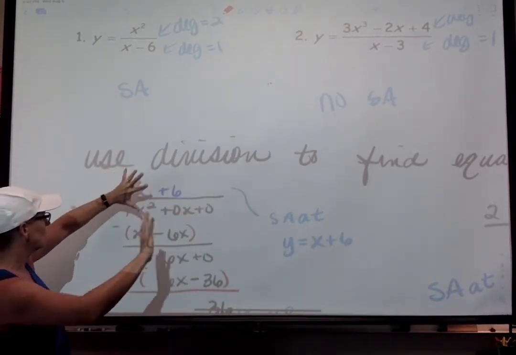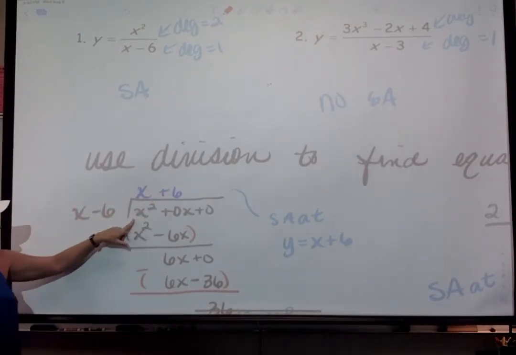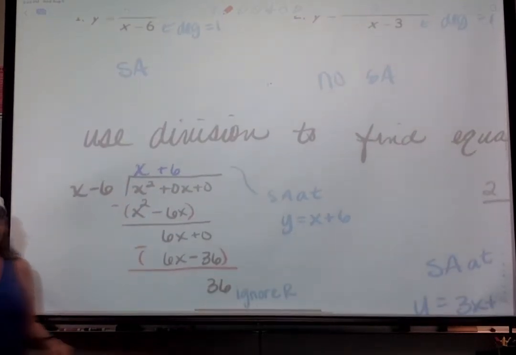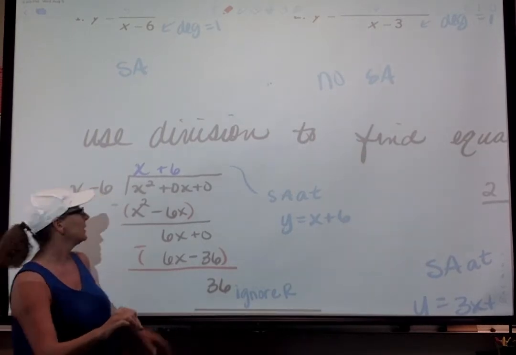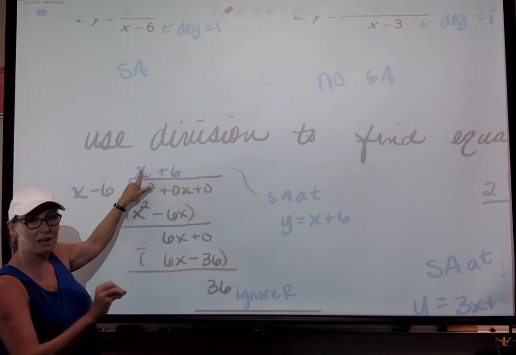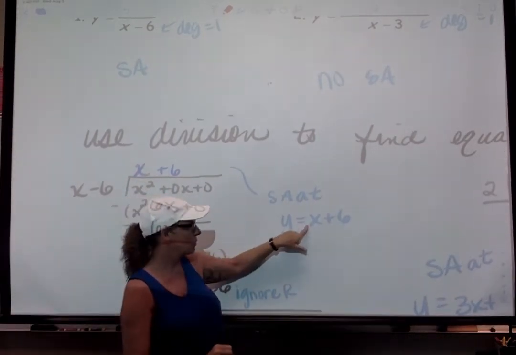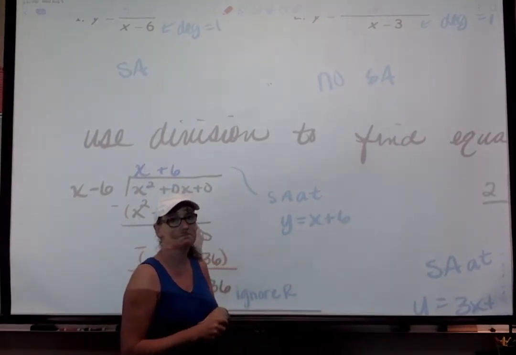But I used long division. So I got this. I got x plus 6, and look, I had a remainder. That's okay. We're going to ignore the remainder. This is my slant asymptote line, mx plus b. Y equals mx plus b. That's my slant asymptote.